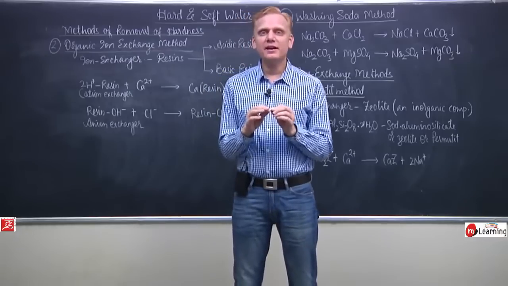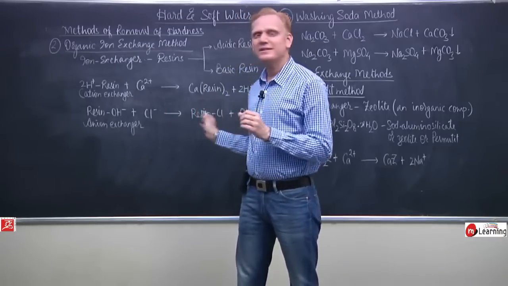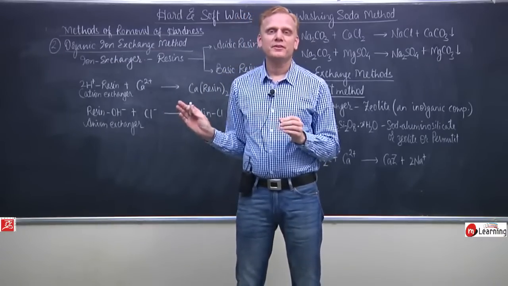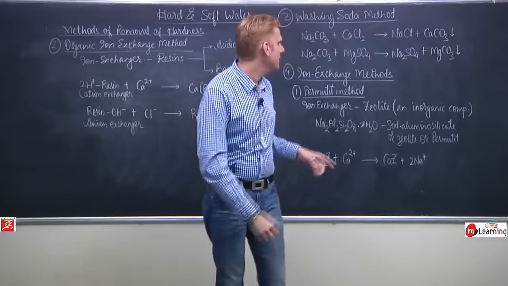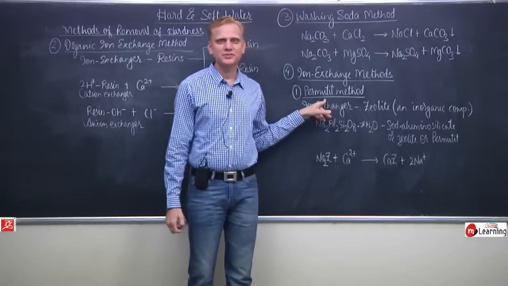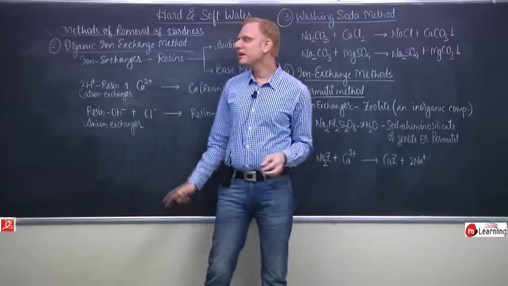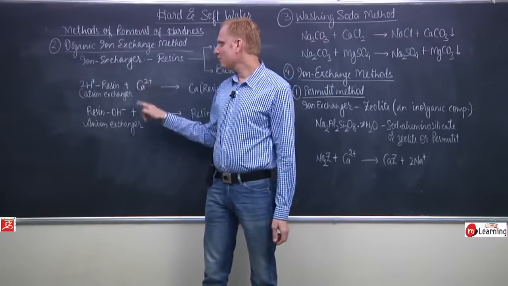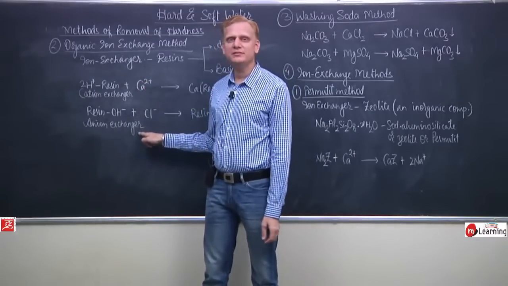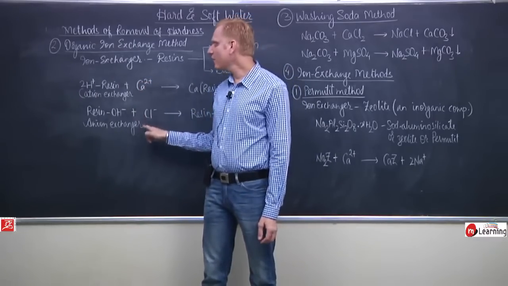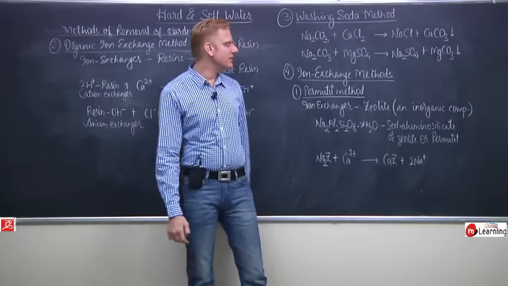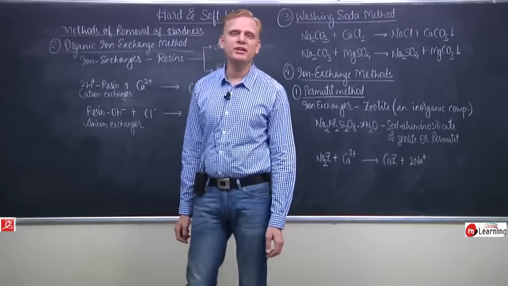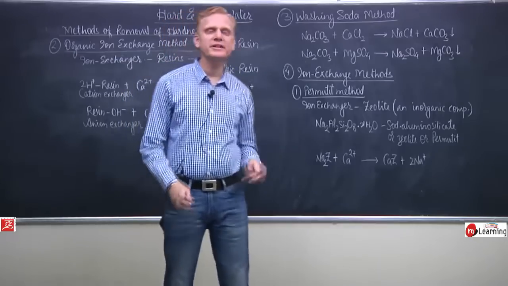Concluding the things, I will tell you about these two methods, that the commercial method of softening of hard water is the permutit method. Although we can get salt free water from this method, it is not an economical method. That is why the commercial method used for softening of hard water is the permutit method.